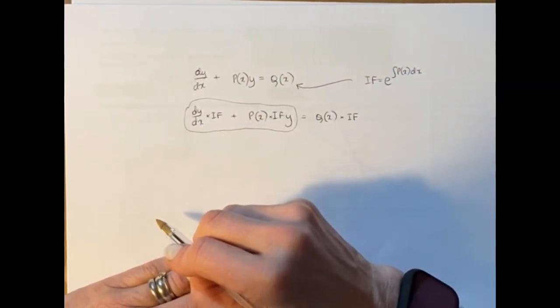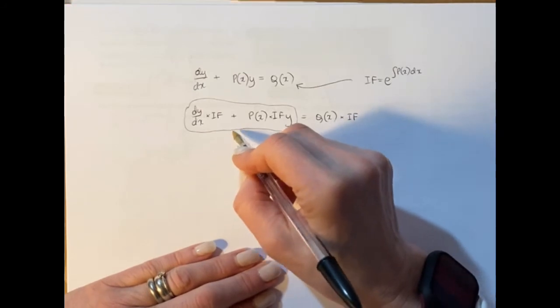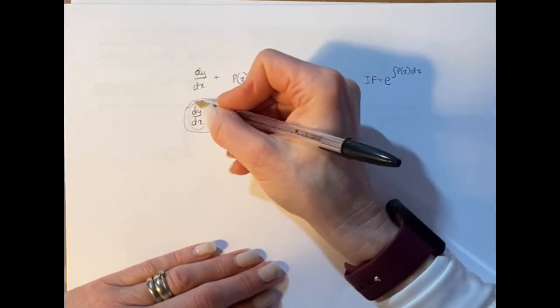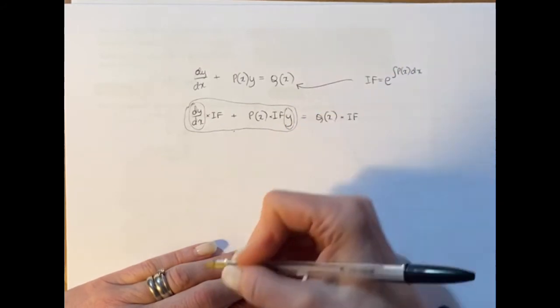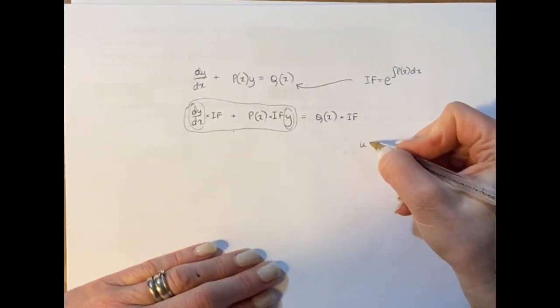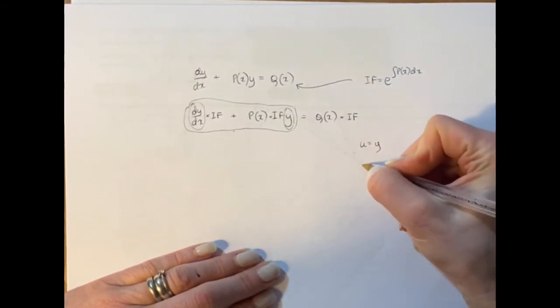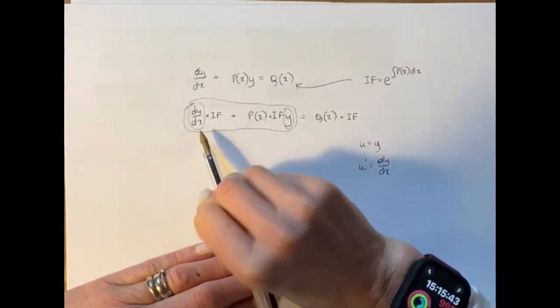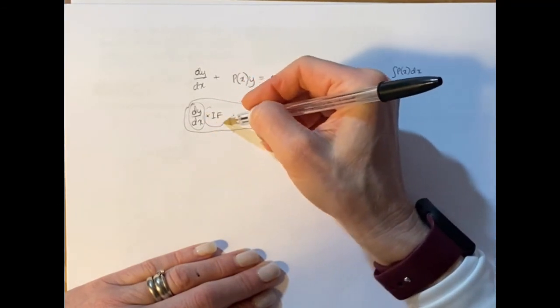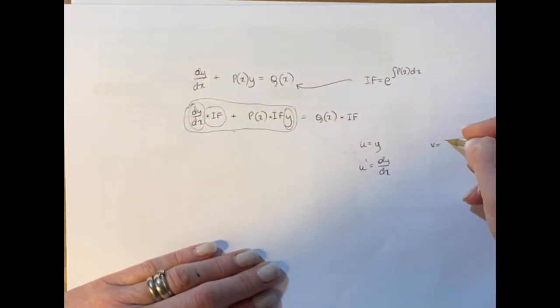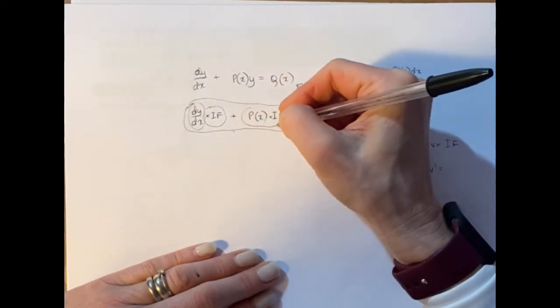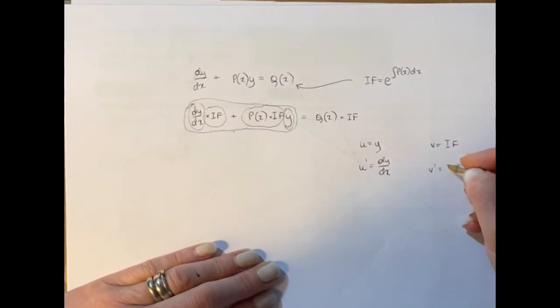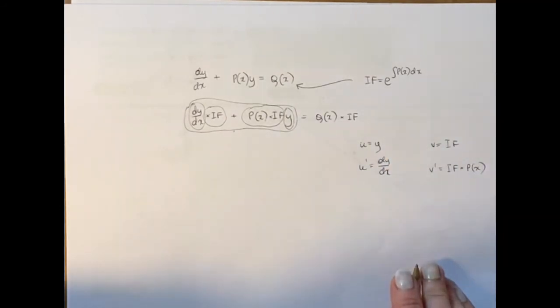Okay, so what we are going to do is think about those functions. So you've got dy dx, and then you've got y. They go together, so they could be your u's. So u could be y, and u dash is dy dx. Therefore, this must be equal to v, the integrating factor, and v dash must be the integrating factor times p of x, or p of x times the integrating factor.